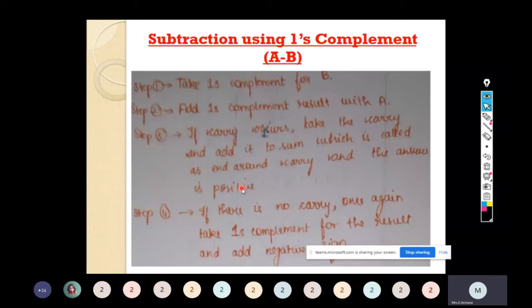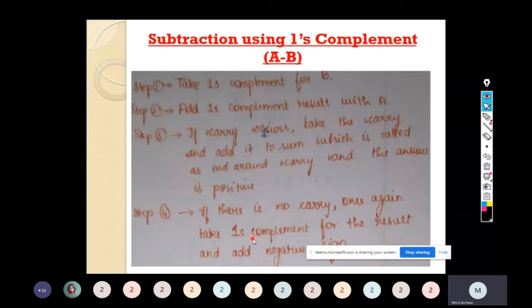If there is no carry in the step 2 result, once again we have to take 1's complement of the step 2 result and add a negative sign. The answer is negative.